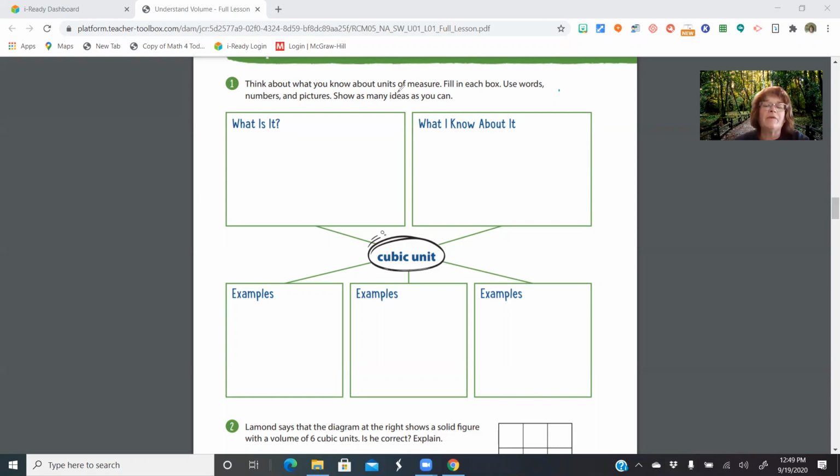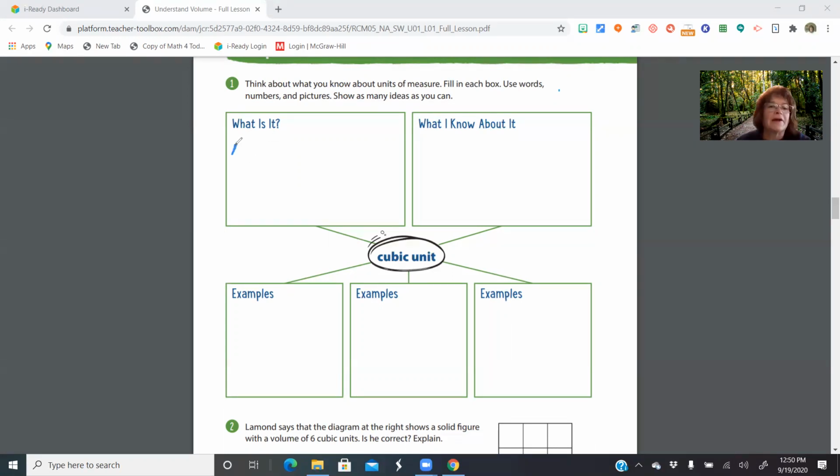Think about what you know about units of measure. Fill in each box, use words, numbers, and pictures, and show as many ideas as you can. So we want to know cubic units. How can we describe that? What is a cubic unit?